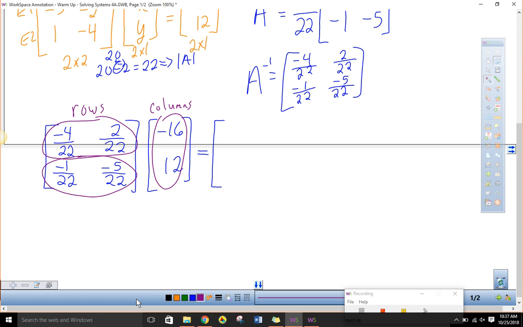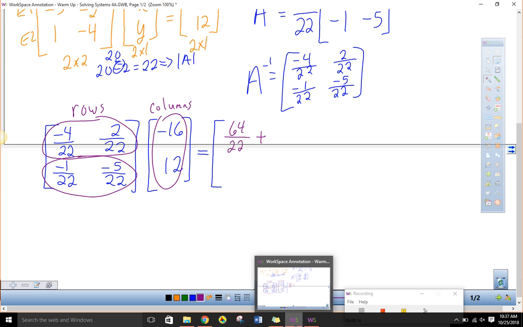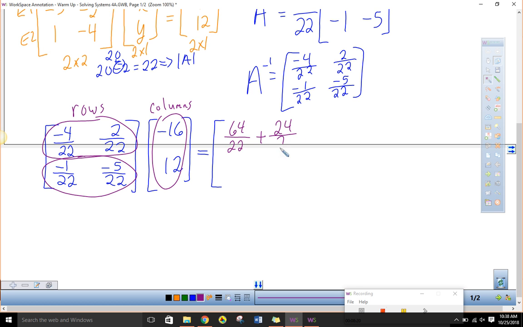Easy way to multiply by 4: double it again. So what's 16 doubled? 32. And 32 doubled is 64. So I got that guy. Plus, what else am I multiplying? The 2 with the 12, which gives me 24 over 22.